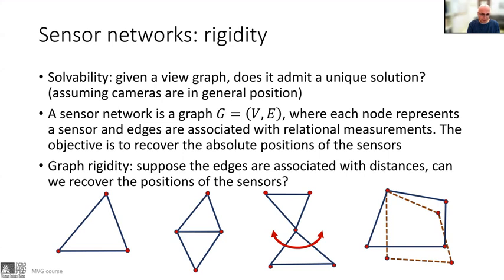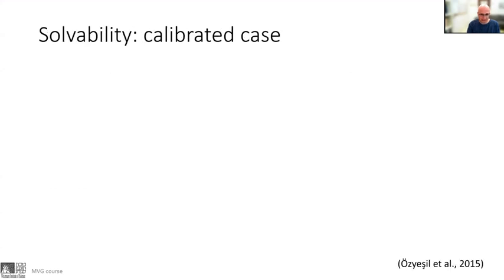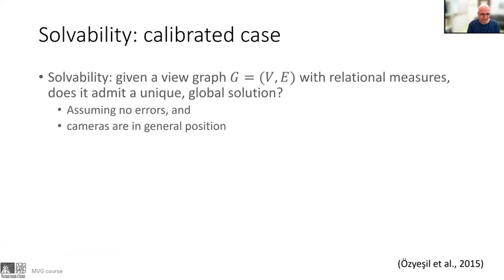We actually need a different concept. Let's look at the calibrated case. So we have calibrated cameras. That means that the view graph contains essential matrices, and the question is whether the graph admits a unique global solution up to trivial transformation, rotation, translation, and reflection, assuming there is no error and that the cameras are in general position.